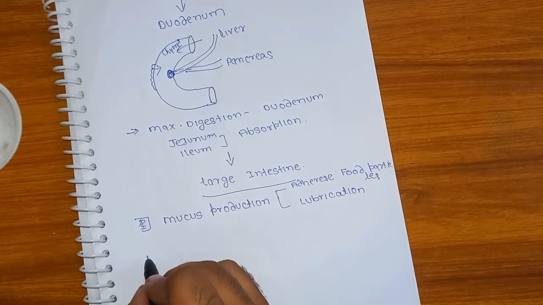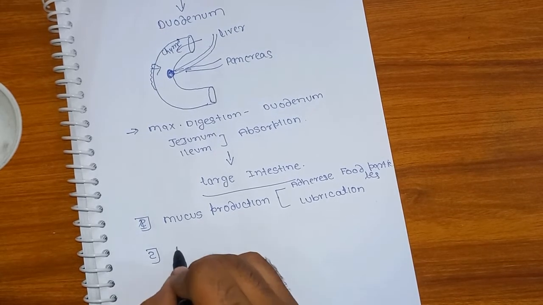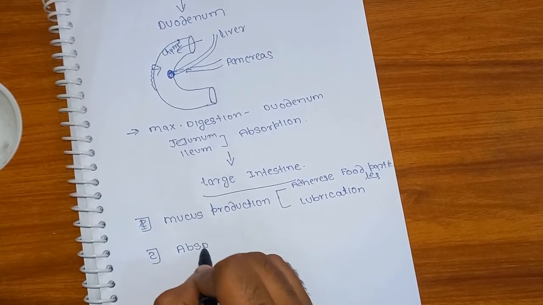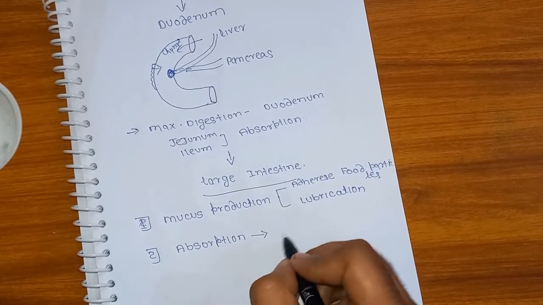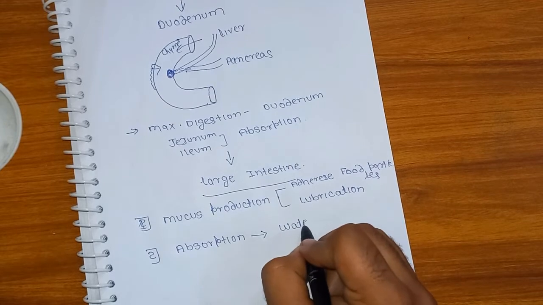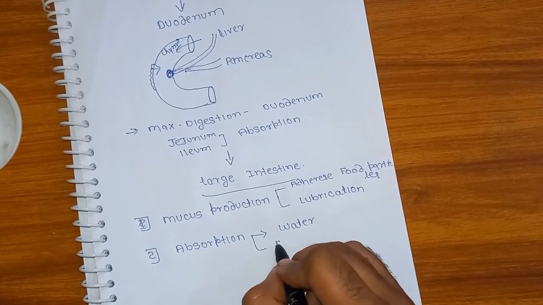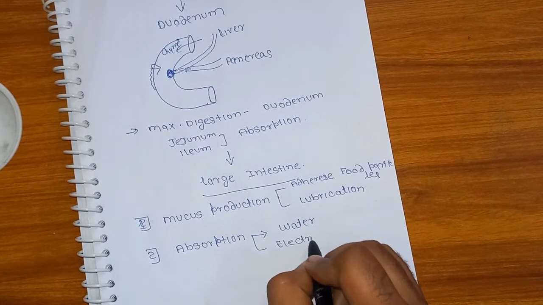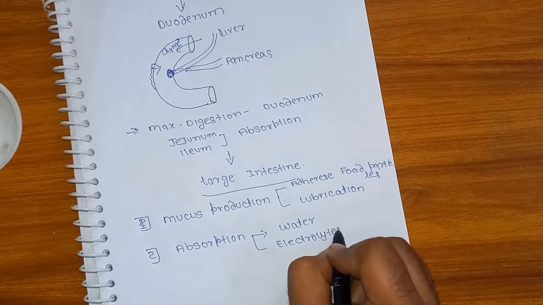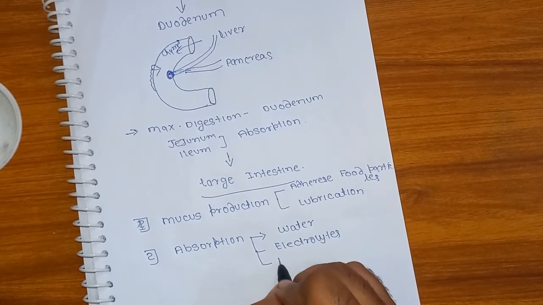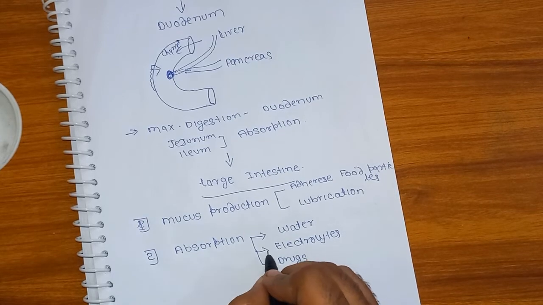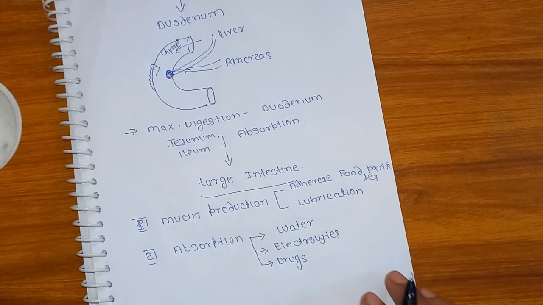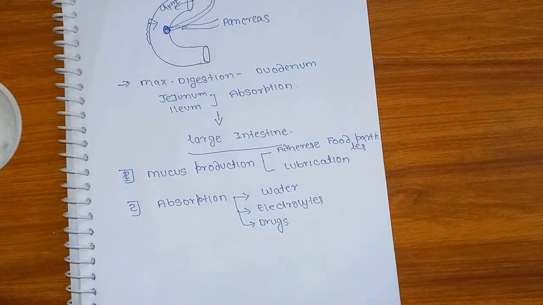And second, the function of the large intestine is absorption: absorption of water, absorption of electrolytes, and absorption of drugs. This absorption topic I'll deal with in a separate lecture, but just to give you a rough idea of what happens in the large intestine.